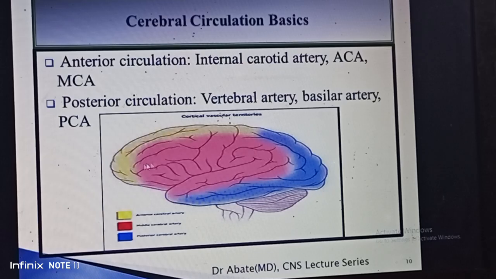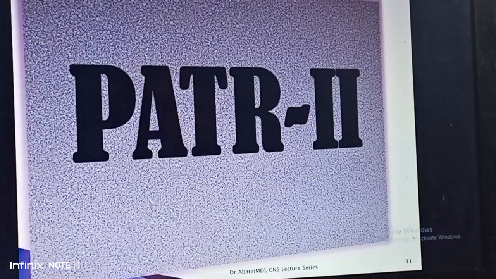As you see from this image, these are the anterior, posterior, and middle cerebral artery territories. Anatomic location is very important for management of the patient, so you have to know which part of the brain is affected by the stroke.